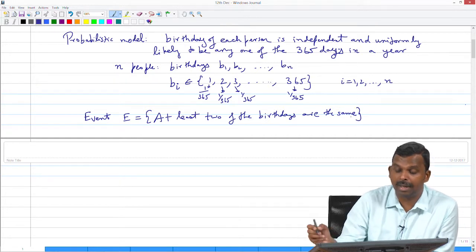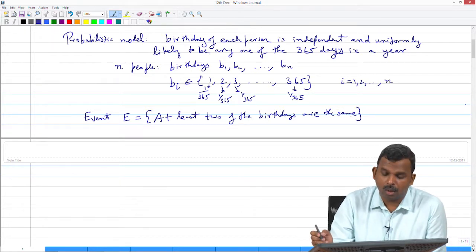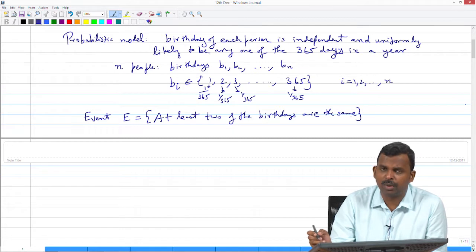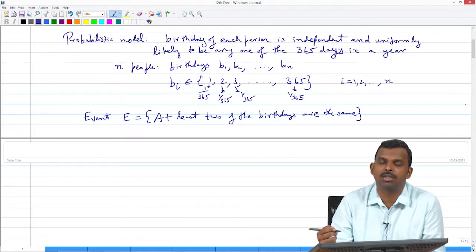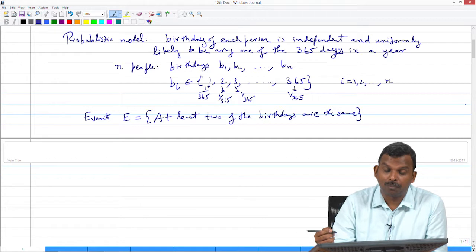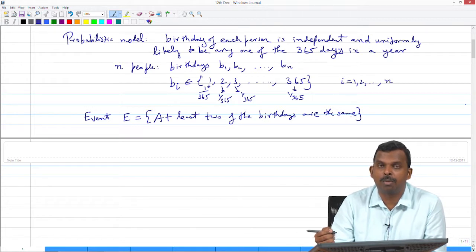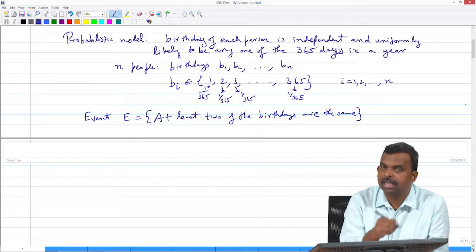They fall on the same day. It turns out this event, if you directly try to calculate the probability, it is not impossible, but it is going to be a lot more painful. So, quite often when you try to compute probabilities for a particular event, you should always think of the complement of the event, because in many cases the complement of the event might be easier to calculate.